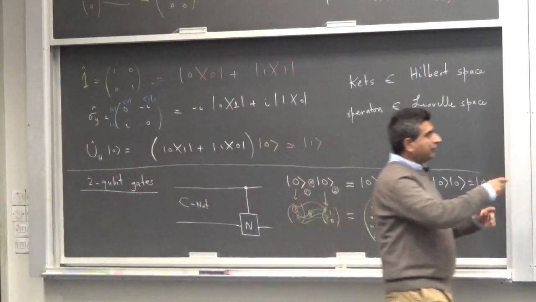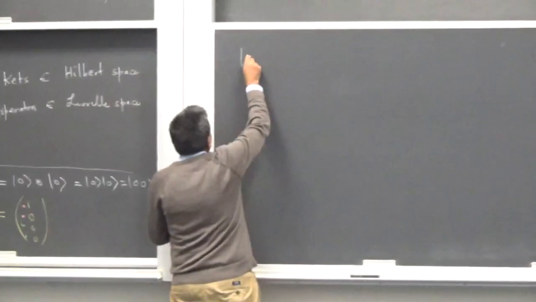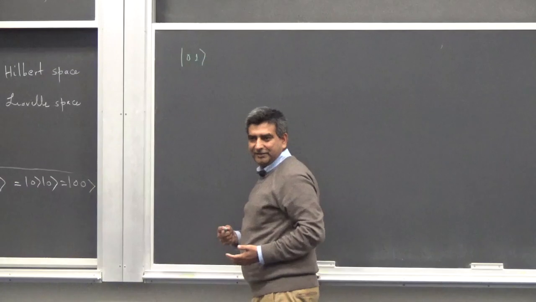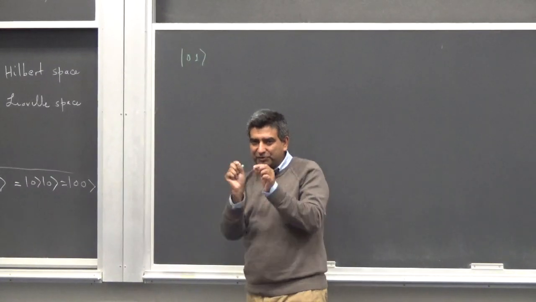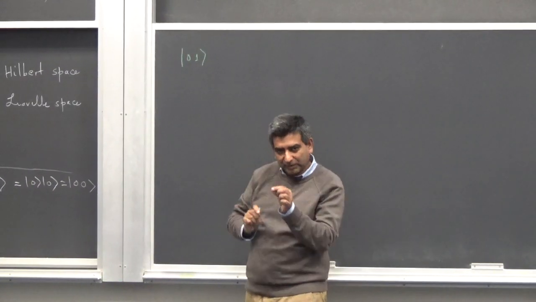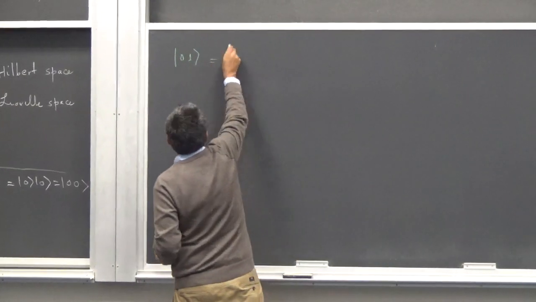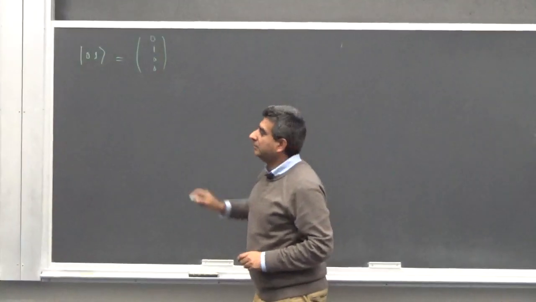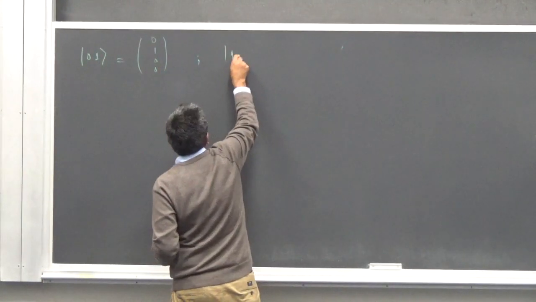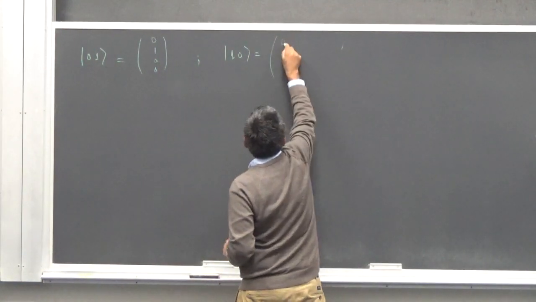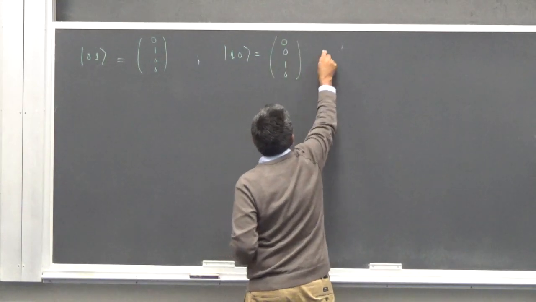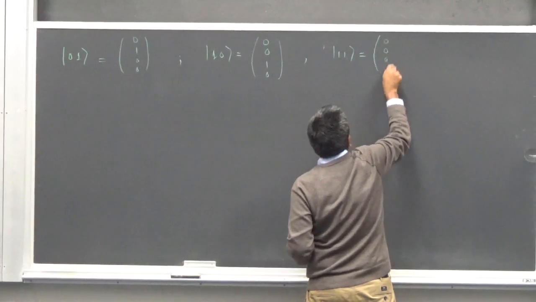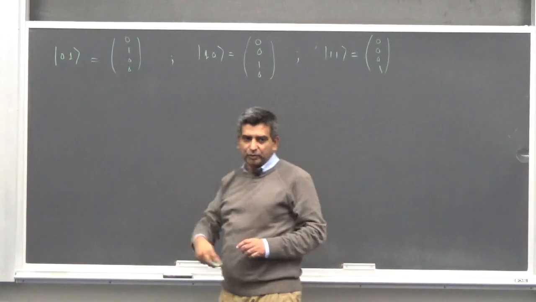Likewise, you could also figure out that ket 0, 1, which is the next in the sequence in a way. If you look at the binary code, 0, 0, then comes 0, 1, then comes 1, 0, then 1, 1. Ket 0, 1 would be 0, 1, 0, 0. Ket 1, 0 would be 0, 0, 1, 0. 1, 1 would be 0, 0, 0, 1. And all of these states are orthogonal.